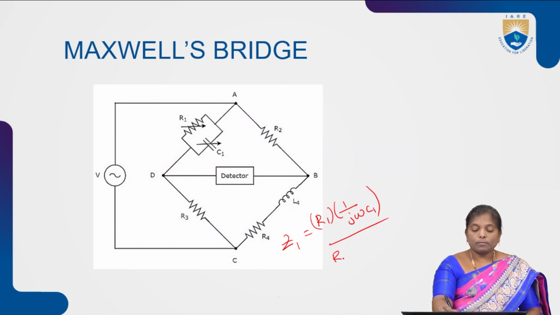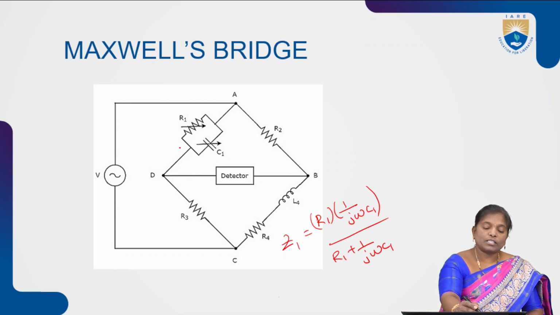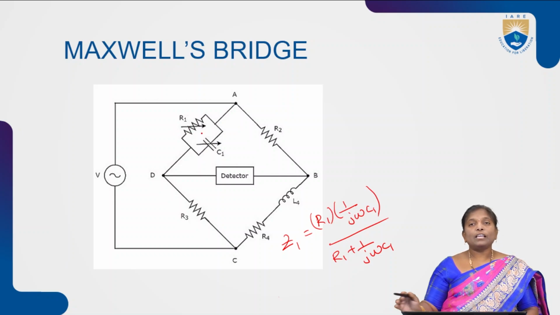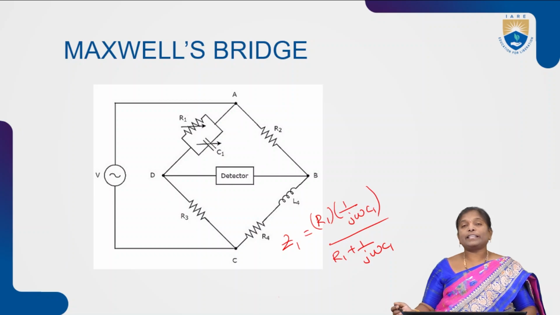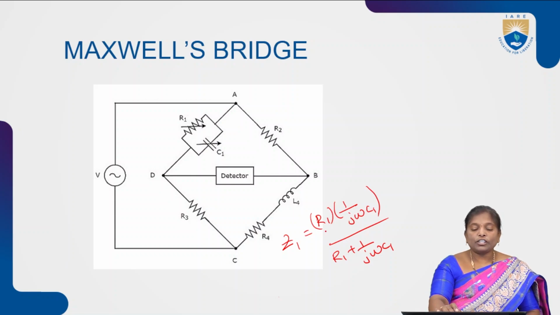To measure the total impedance across the first arm, we have resistance and capacitance in parallel. That is R1 into 1 by j omega C1, divided by R1 plus 1 by j omega C1.